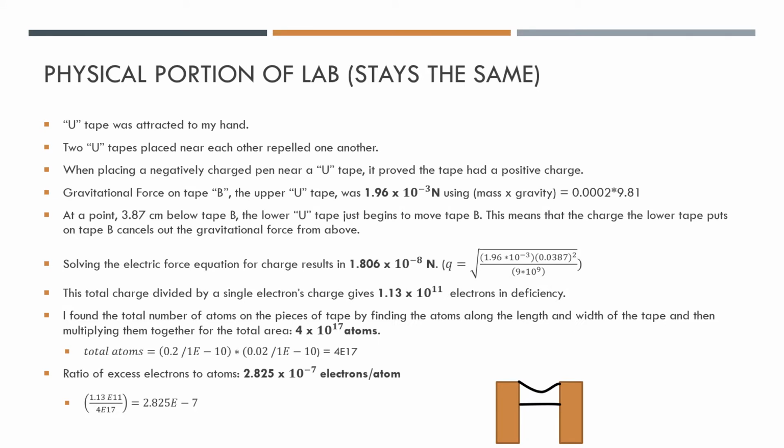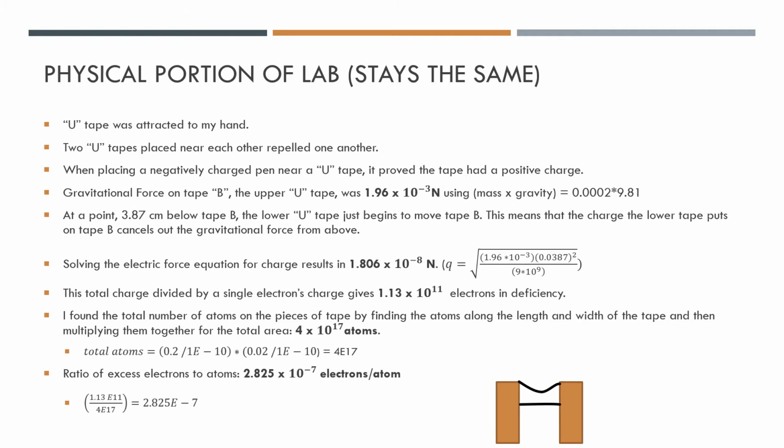To run back through the main points and calculations of the first half of the experiment, as a reminder from Lab 1, we saw that a U-tape, which we don't know the charge of yet, was attracted to a neutrally charged hand, and that two U-tapes placed near each other repelled one another. Then when placing a negatively charged pin near one of the U-tapes, it proved that the tape had a positive charge, as they attracted one another.